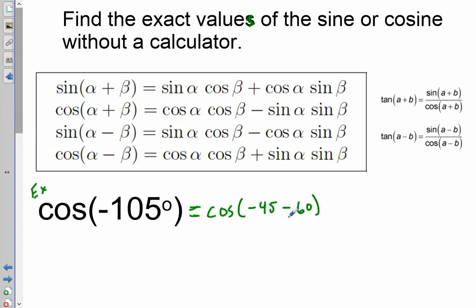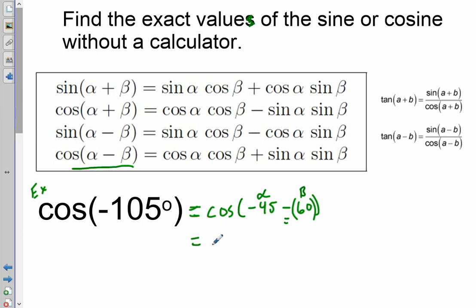So now the question is, what do we use? Well, there's a bunch of different ways of writing this out. If you take the standard, this is alpha, and we subtract beta, where beta is positive. This would be the difference, so we would use the cosine difference formula. Our alpha is negative 45, and our beta is positive 60.